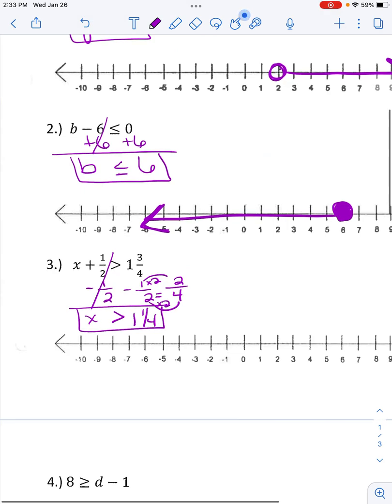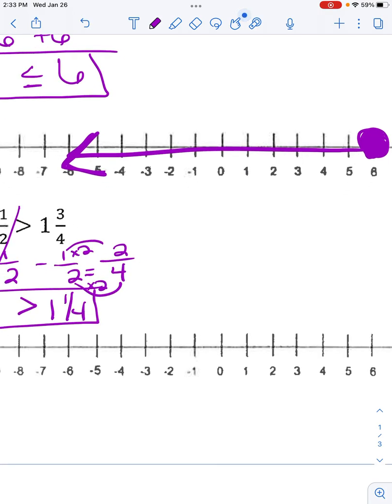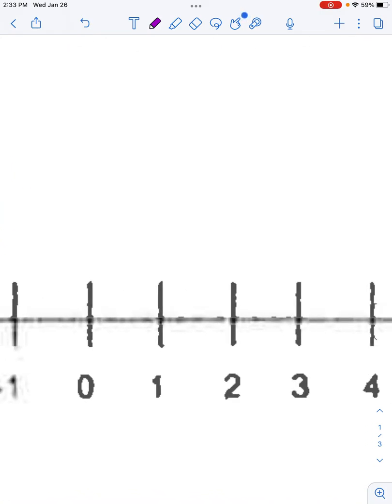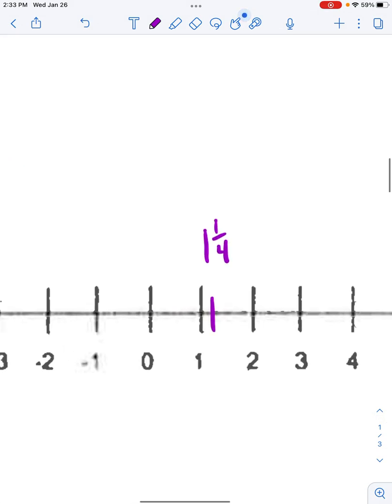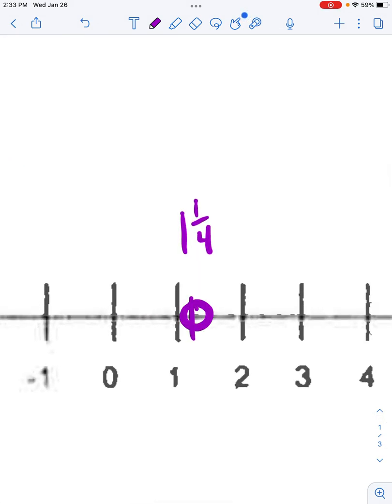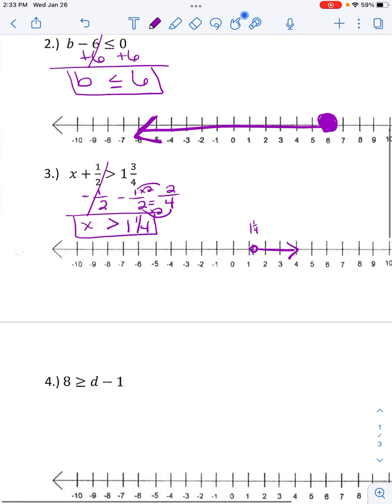X is greater than 1 1/4. Since we don't have exact 1 1/4 on our number line, I want you to label 1 1/4 between 1 and 2. It is greater than 1 1/4, so an open circle, we're not including that in our answer, and it would point to the right.